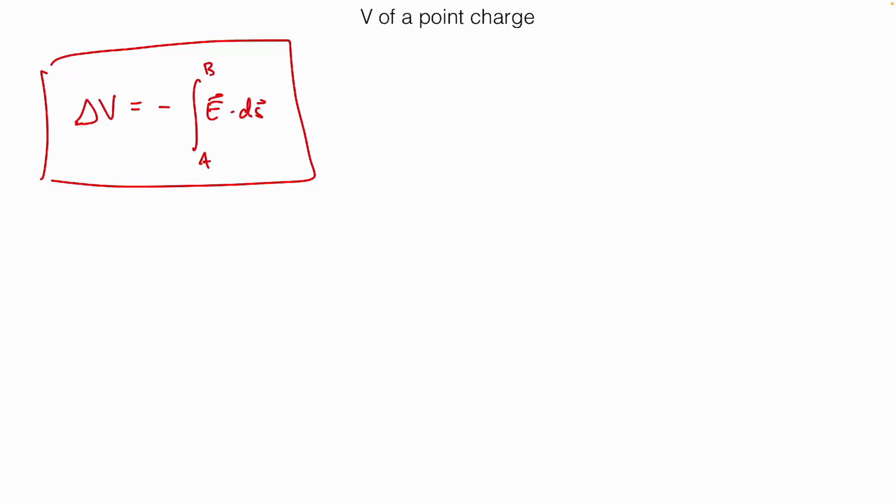If I had a point charge, we know what the electric field for a point charge looks like. It's that bad hair day sort of situation where the field lines all come out and away. I could draw a lot more, but we get the idea of what's going on here.